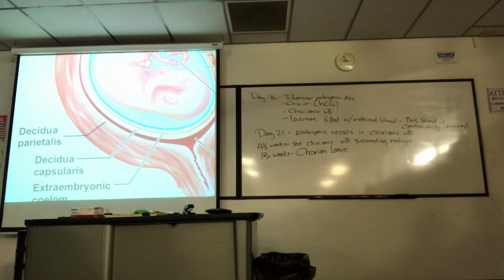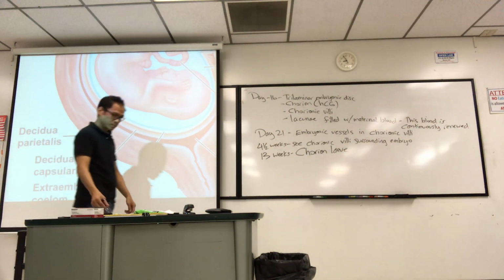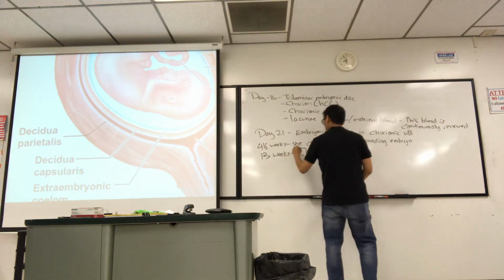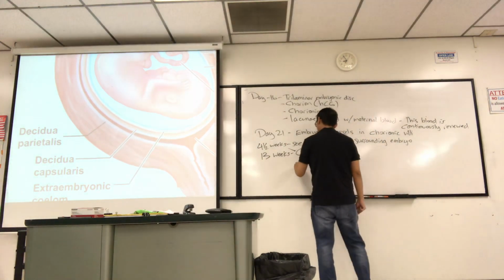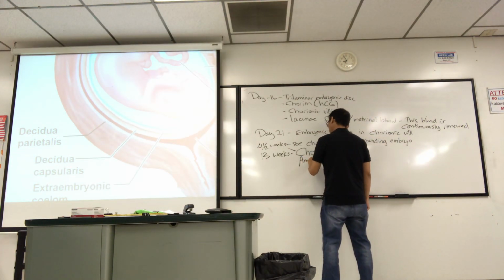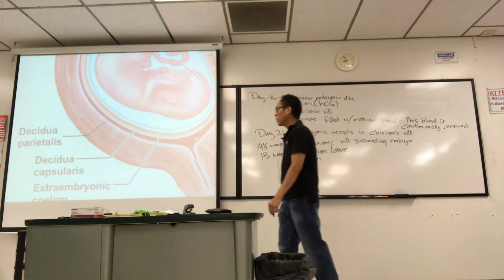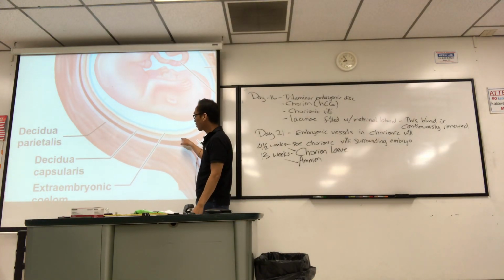Like if the doctor wants to induce labor by rupturing the membranes, you would rupture that one. You would rupture the amnion. Boom. And the third one is the decidua capsularis.